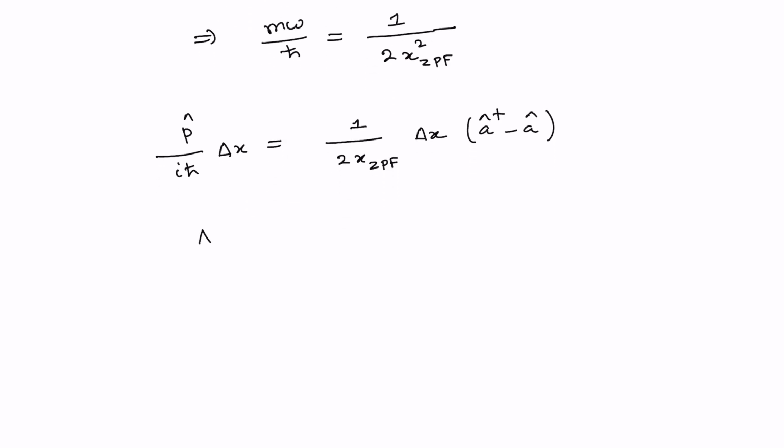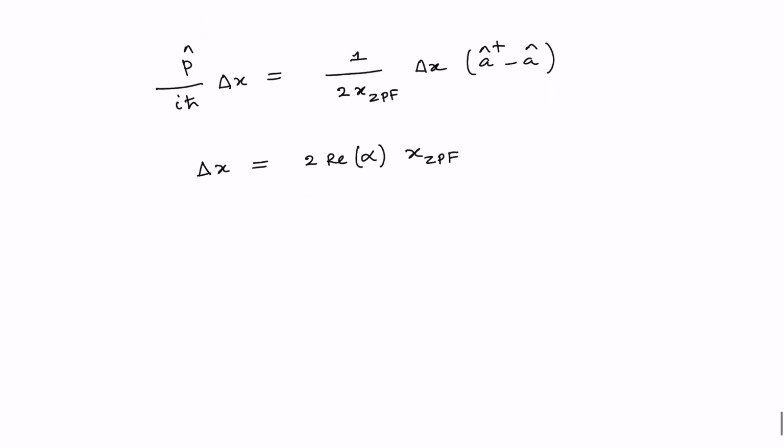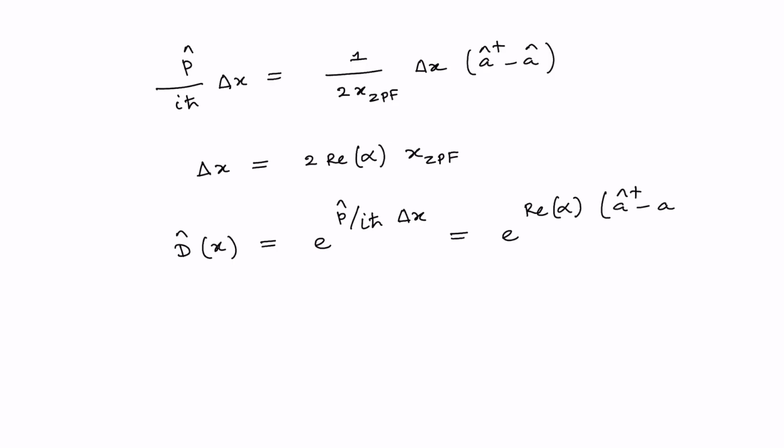By the way, this Δx is the uncertainty in the position, and that is equal to twice the real part of α times x zero-point fluctuation in the coherent state. We know this. So the displacement operator, e to the power p by i ħ Δx, I can write as e to the power real part of α times (a† − a).